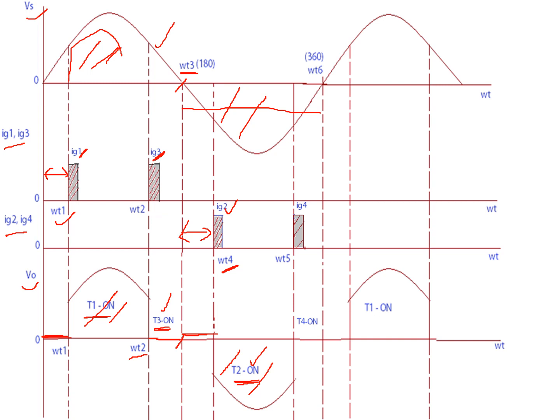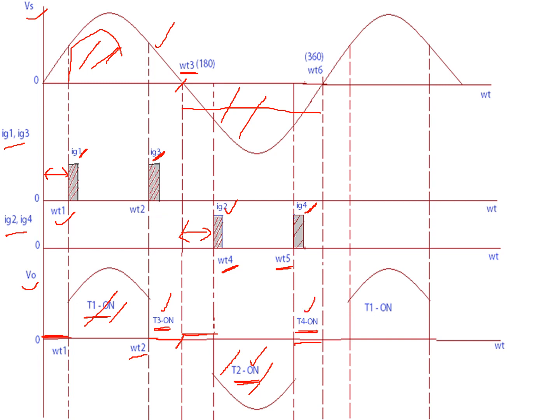At omega t is equal to omega t5, we apply the gating pulse to thyristor T4. Due to the conduction of thyristor T4, there is no path for current from source to load, which means the voltage across load becomes 0. This is the voltage across load due to the conduction of thyristor T4.